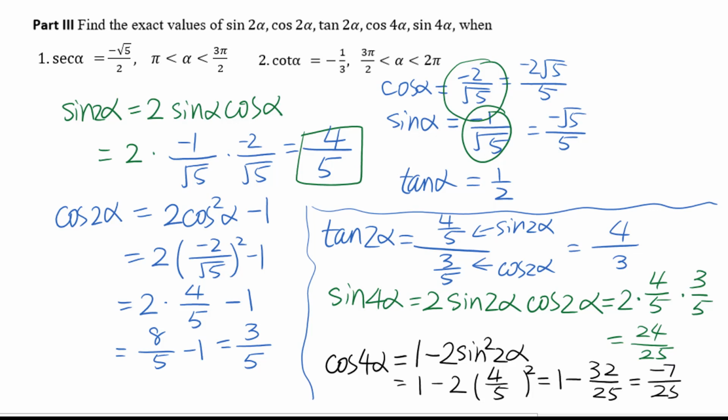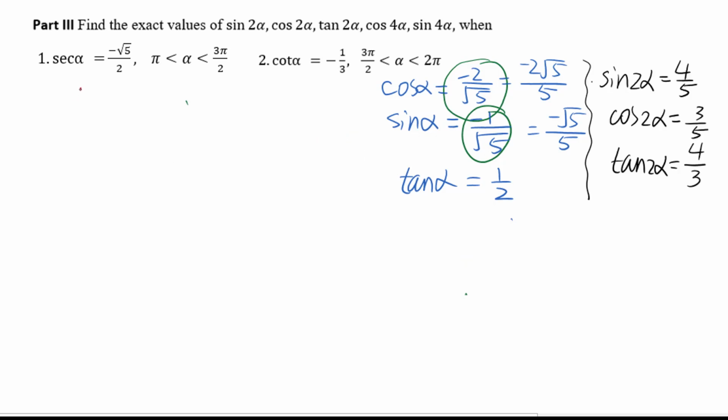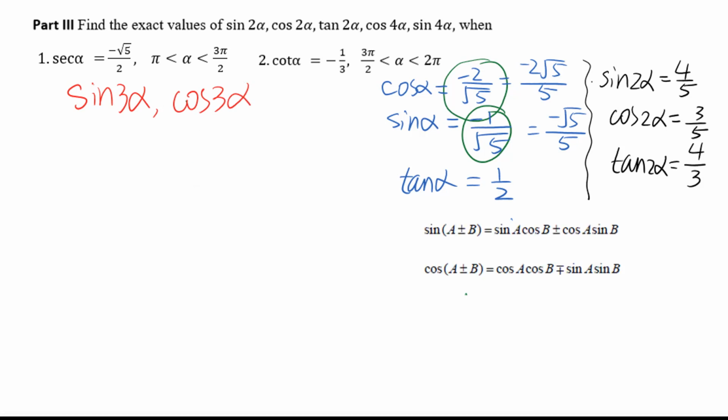Let's try to figure out sine 3 alpha and cosine 3 alpha. We will use these compound angle identities to figure this out. For sine 3 alpha, I can write down sine of alpha plus 2 alpha. Then I will use this formula, that is SCCS.